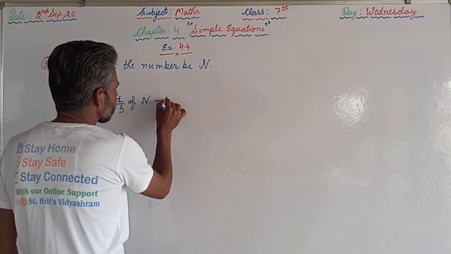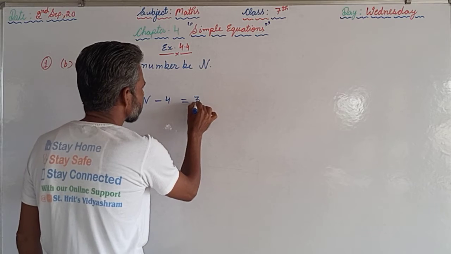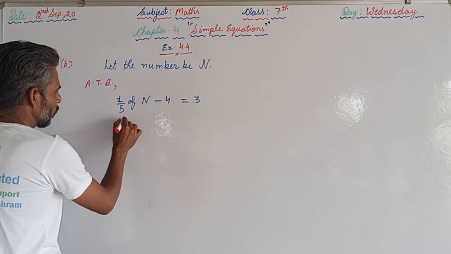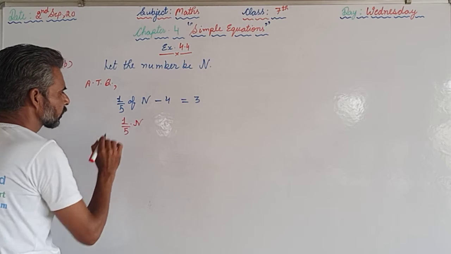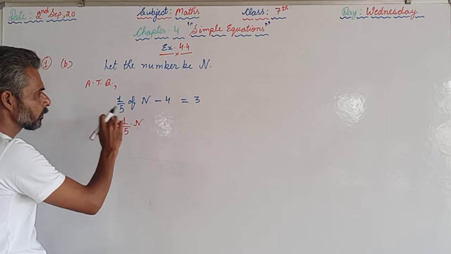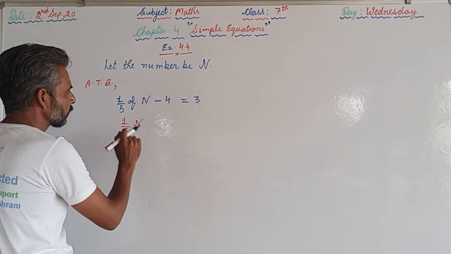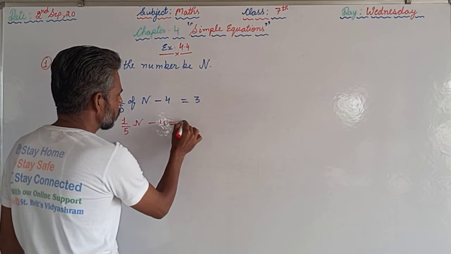Here "of" means multiply, so 1/5 of n means 1/5 times n. If nothing is there or a dot is there, we have to multiply. Then minus 4 is equal to 3.